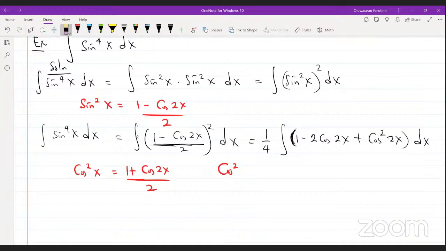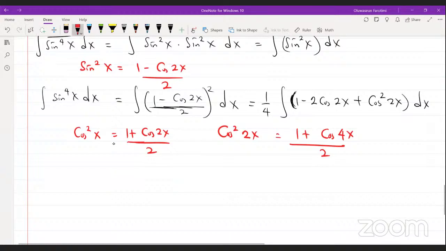This is going to be 2x. So these 2s are going to multiply, and that way you have 1 plus cosine of 4x over 2. If that were 3x, then that would be 6x, 3 times the original 2.